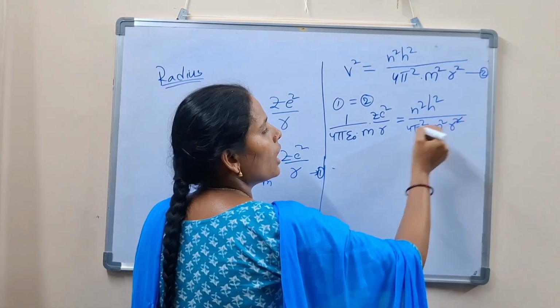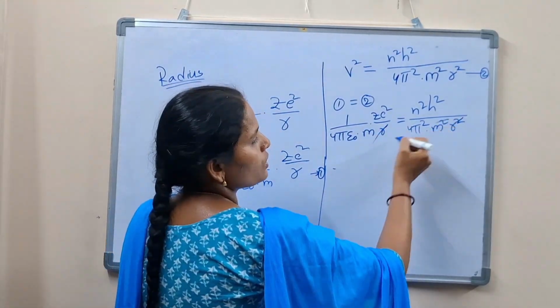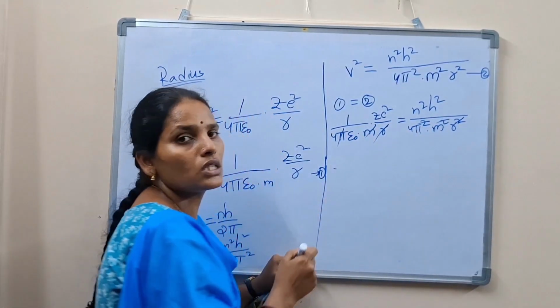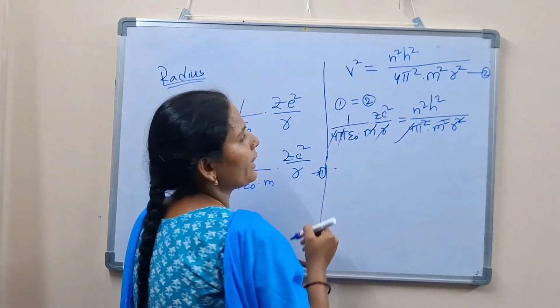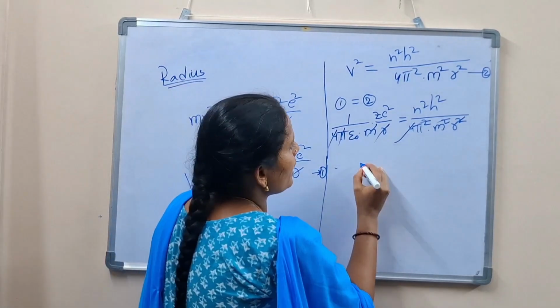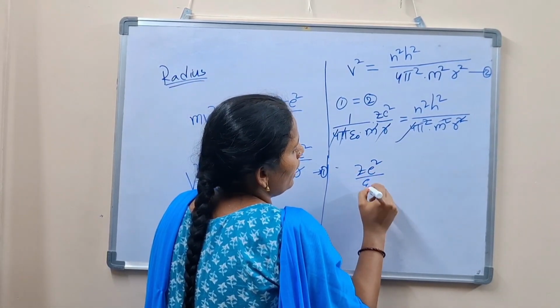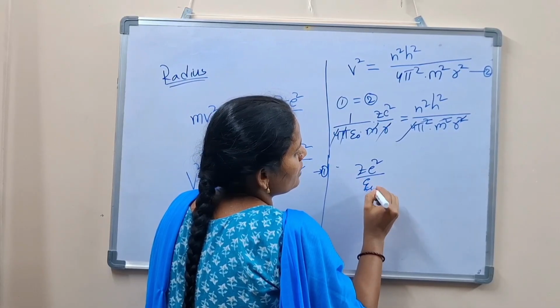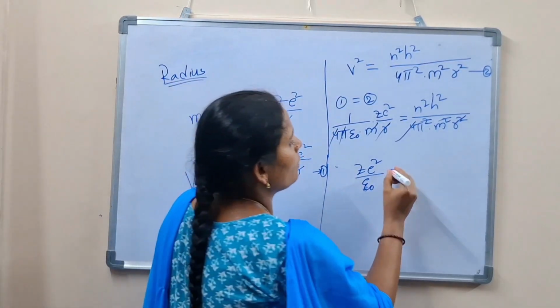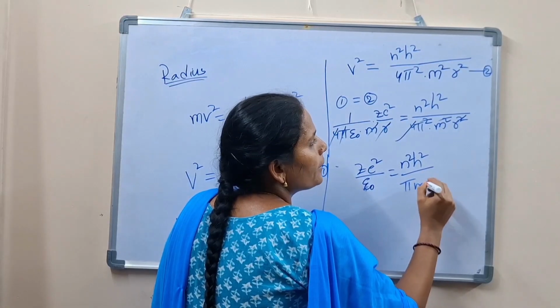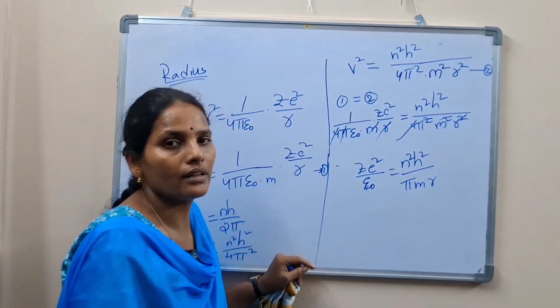Here this r is cancelling, square of m is cancelling, this pi square and this pi also cancelling, 4 are cancelling. What is remaining here? Z square by epsilon naught equal to n square h square by pi into m into r.